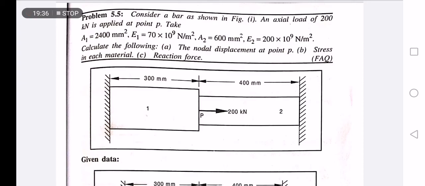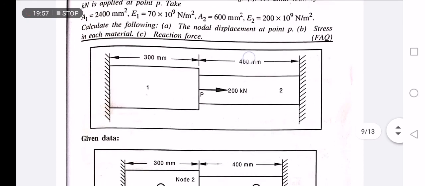Firstly, you should be thorough with the general steps of the FEM: what is the shape function, the shape function equation, then the stiffness matrix, then the formulation of the load vector, assembly of the global equation, and after that implementation of boundary conditions.